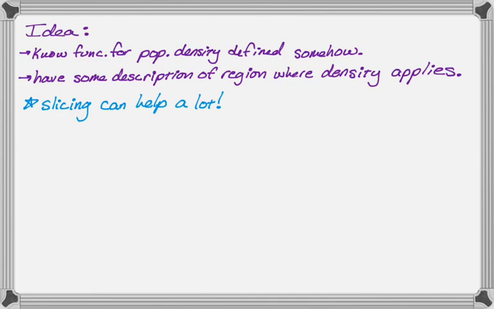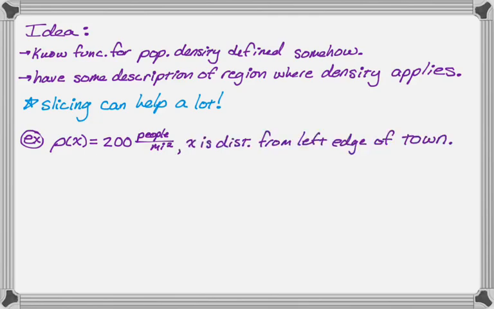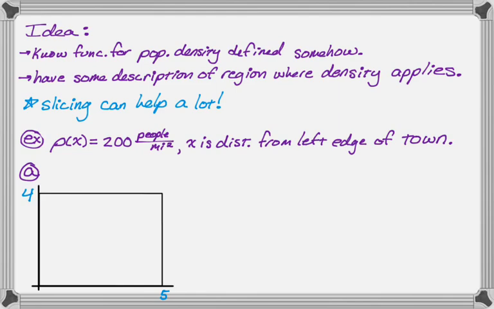So the first example we're going to look at is our population density, which is rho, which when I draw rho, it looks exactly like a P. But rho of x is 200 people per square mile. So it actually doesn't change, so it's a constant, which means we should be able to do this geometrically. In this case, x is the distance from the left edge of town, and let's take a look at what town is going to look like in part A. So here we just have a rectangle.